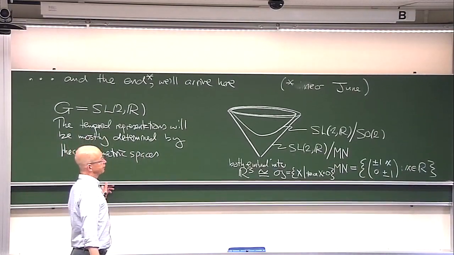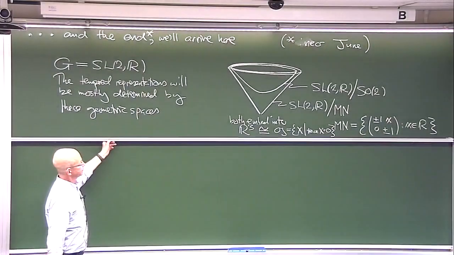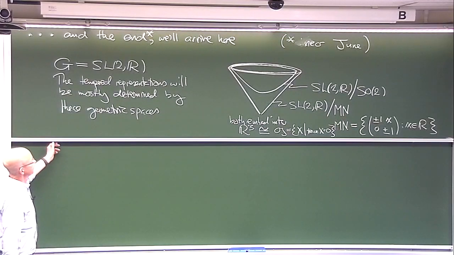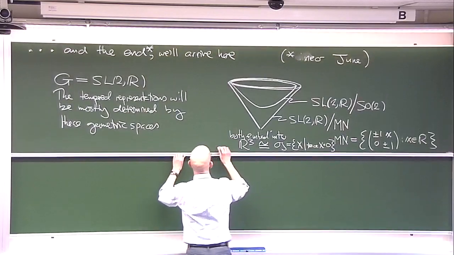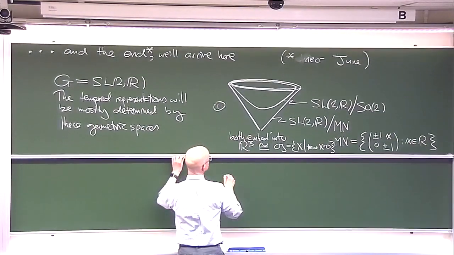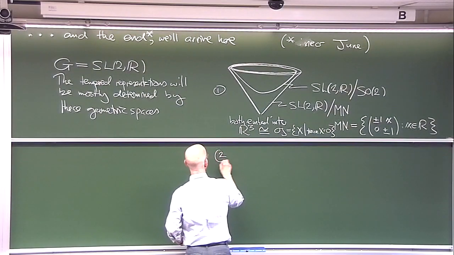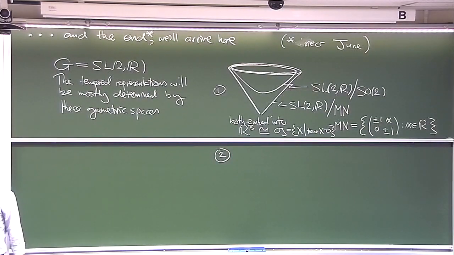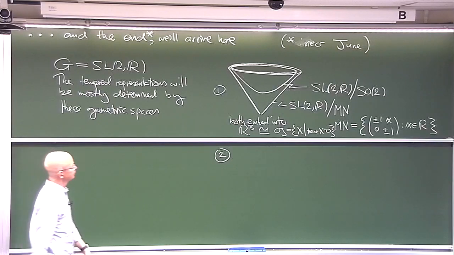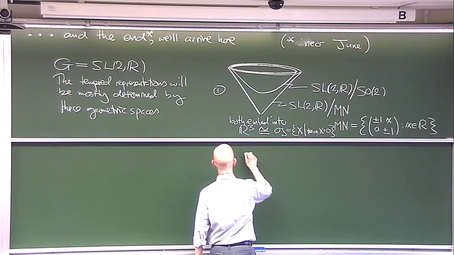And I'll come back to this picture in just a while. Here's picture number 1. Here's picture number 2. So picture number 2 I have to describe in words, not in terms of an illustration like this. I want to build a big space.